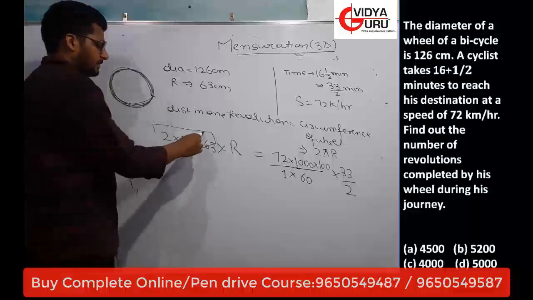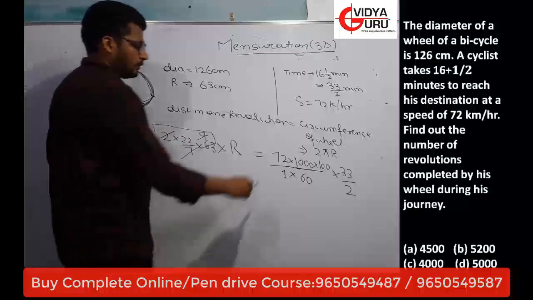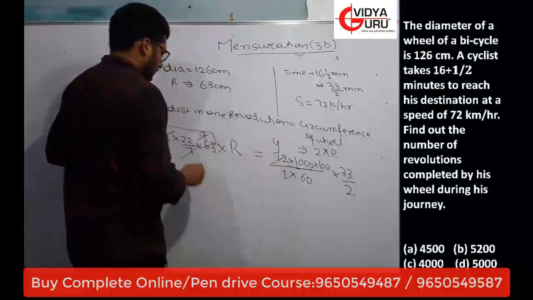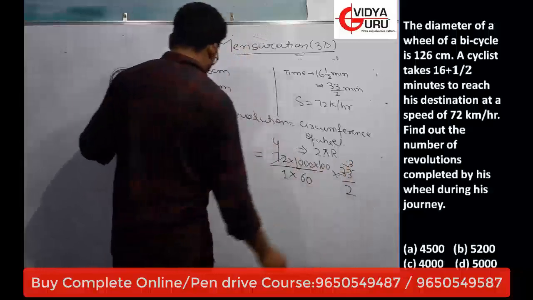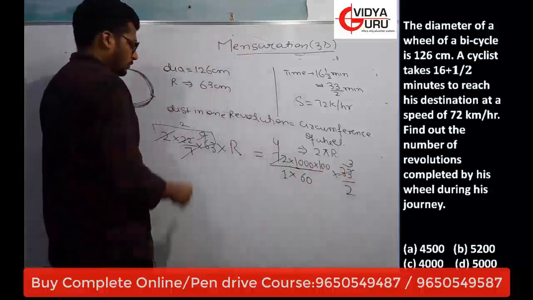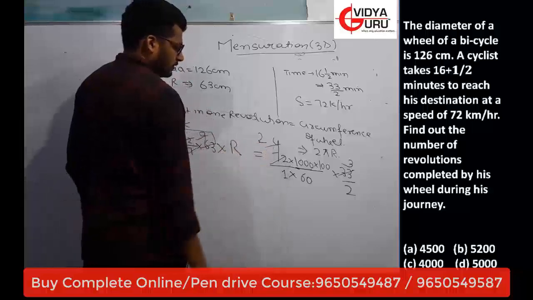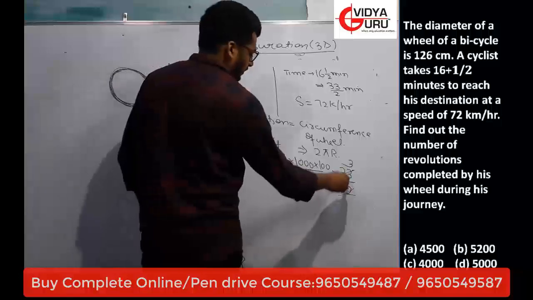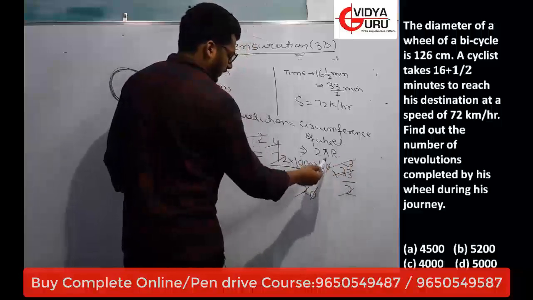7 9 times is 63. 9 2s are 18, 18 4 times is 72. 11 2s are 22, 11 3s are 33. What is left? 2 is left. 2 2s are 4. This 2 will be cancelled out, and 3 20 times, and 2 10 5000.